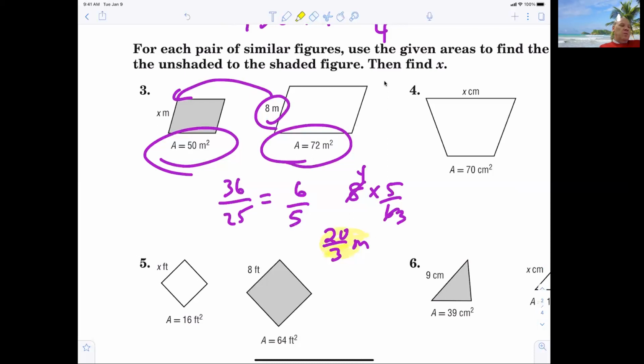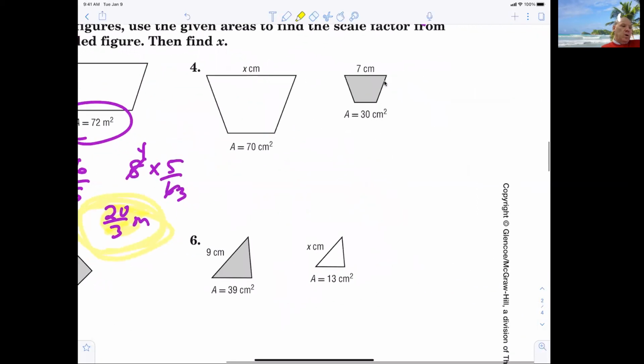Plus, when you get to advanced math, we use exact values. We don't use approximations. That's why fractions are better than decimals, despite what the science teacher tells you. Any questions? Simon, is that good? All right, let's talk about 4.